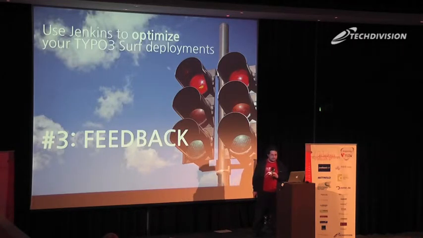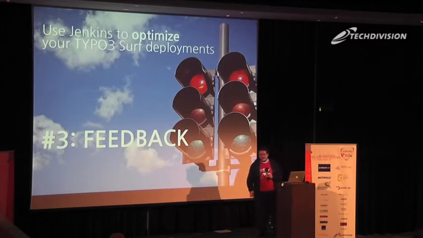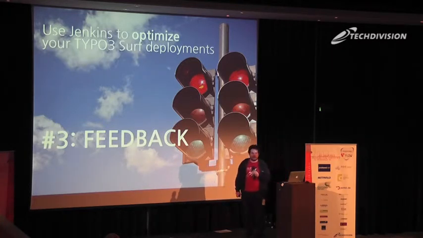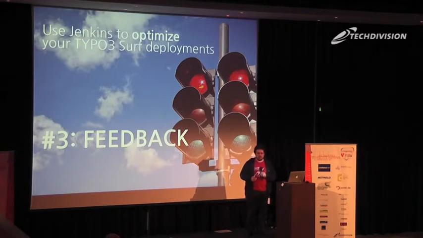Of course, there's the red light that goes on in Jenkins. Jenkins sends emails when a build fails, but I have to admit I've come to ignore the emails from Jenkins because there are just so many. But fortunately, Jenkins offers many possibilities to get very extreme feedback on your build success or your build failures.